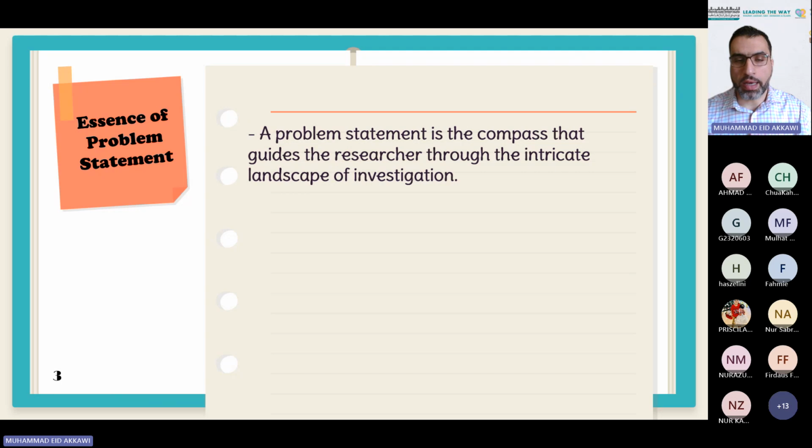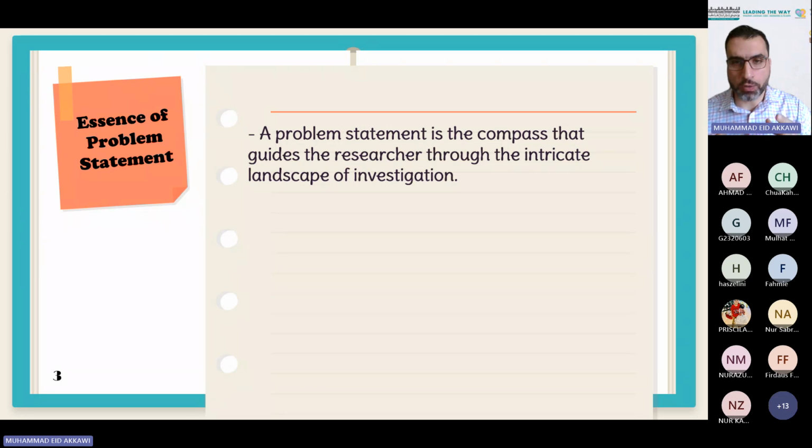Because for any problem or any issue, there are usually several angles by which you can see the problem. There are different aspects. You can see any problem from a humanistic perspective, from an economic perspective, from a clinical perspective. So it depends. So you need to be specific.